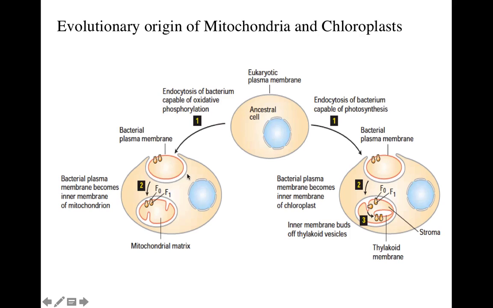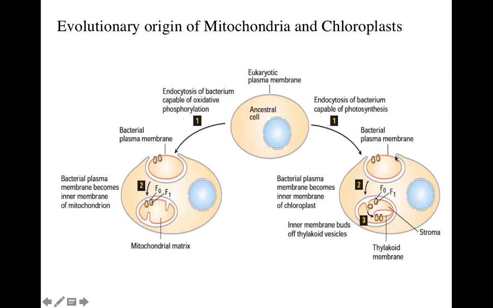This means the first bacterium was capable of producing energy, in the form of ATP, by utilizing chemicals, glucose in this case, while this other bacterium was capable of producing energy by the utilization of sunlight. So in the presence of sunlight, this bacterium could produce energy for itself.